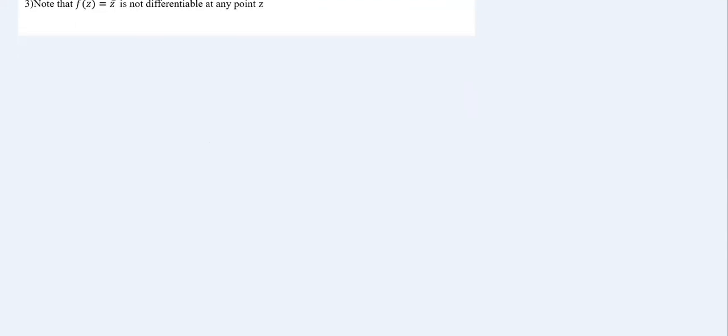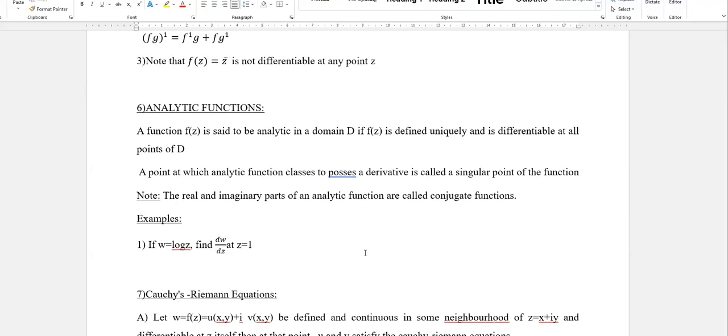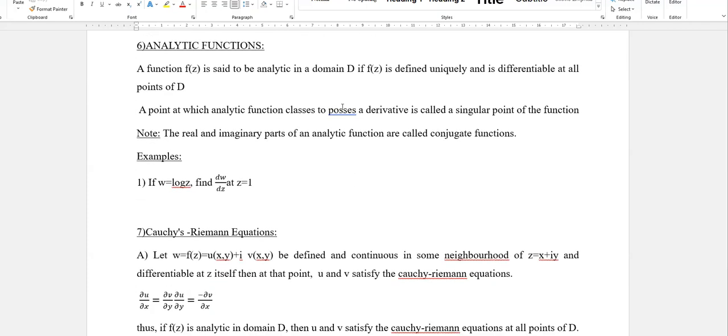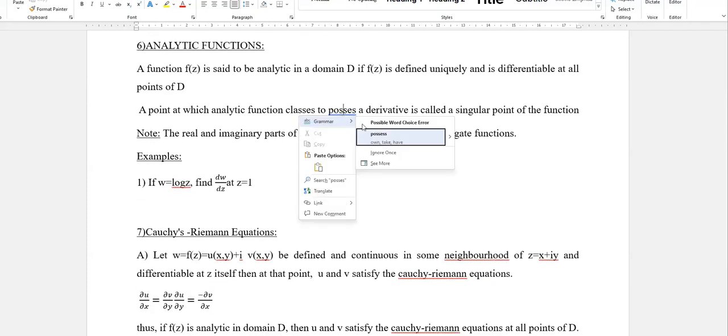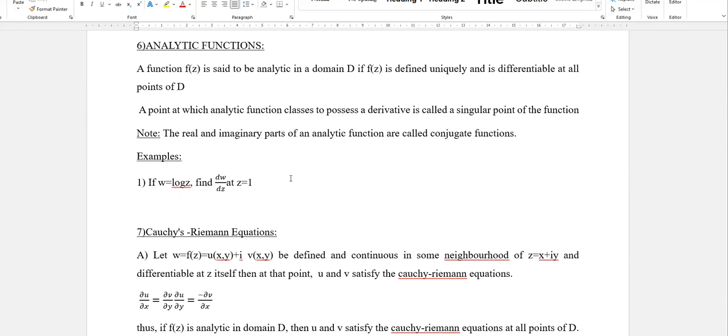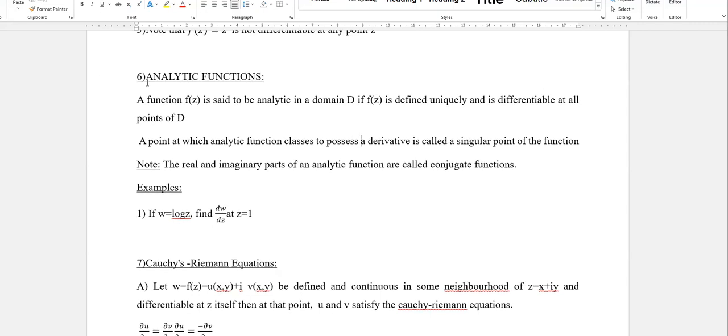Next, very important definition, of analytic functions. This is the key definition in complex differentiation.